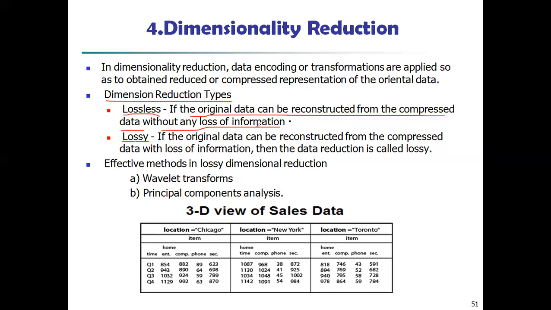For example, in our daily life we use many formats of compression techniques, like rar files and zip files. Why are we using those compression techniques? If you have a large amount of data and you want to reduce its size, then you use those formats, rar or zip.